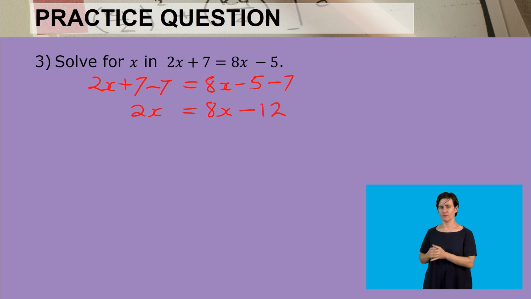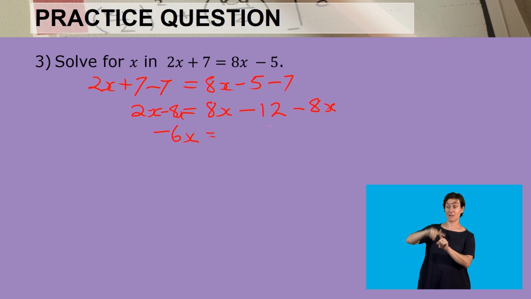Now we are dealing with 8x. The additive inverse of 8x is negative 8x, because it is positive. That same negative 8x is added on the left as well. So 2x minus 8x is minus 6x. On the right, 8x minus 8x is 0, plus negative 12, so we remain with negative 12.